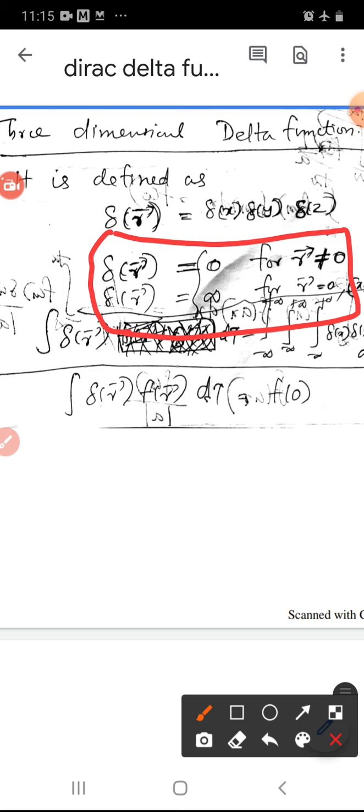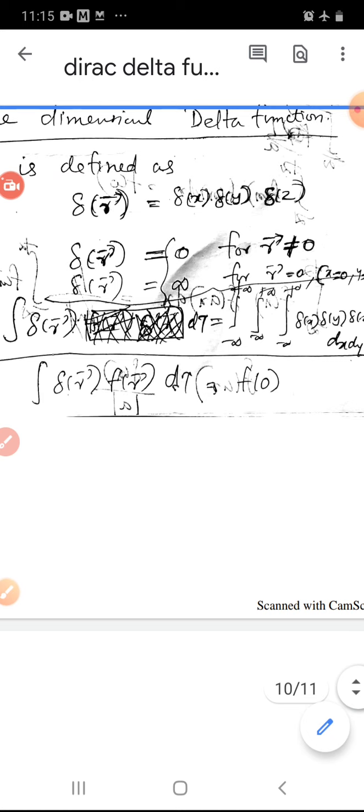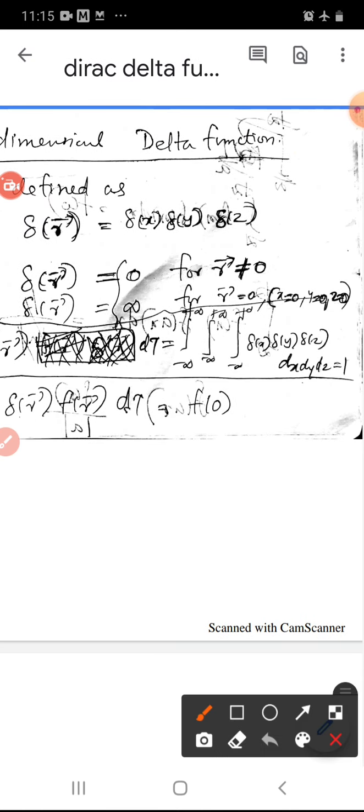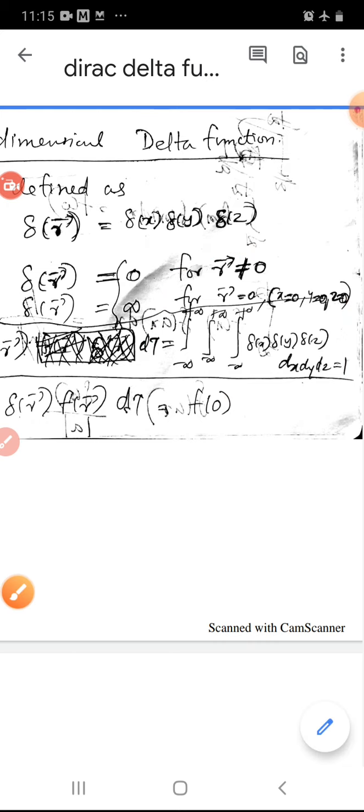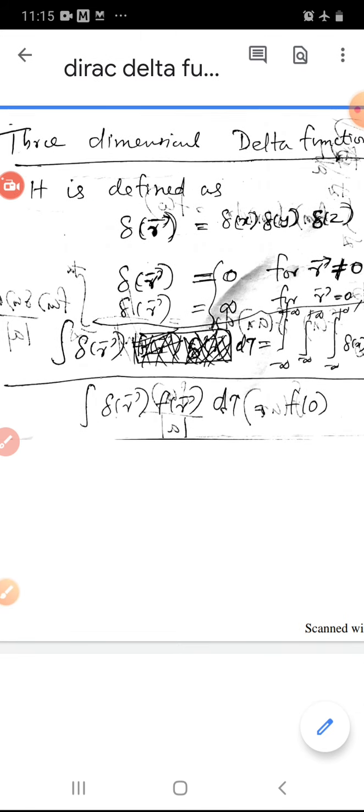And along with this, the integral of delta r d tau has to be satisfied: from minus infinity to plus infinity, three integrals, delta x, delta y, delta z into dx dy dz, equal to 1.